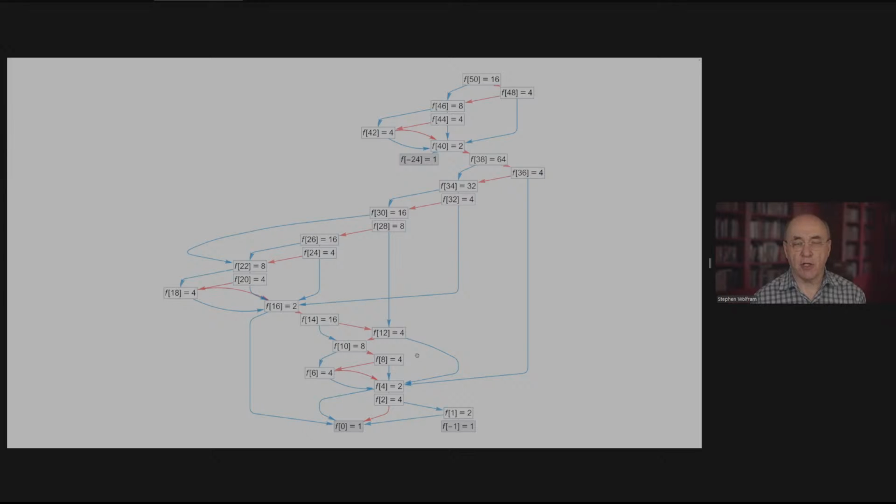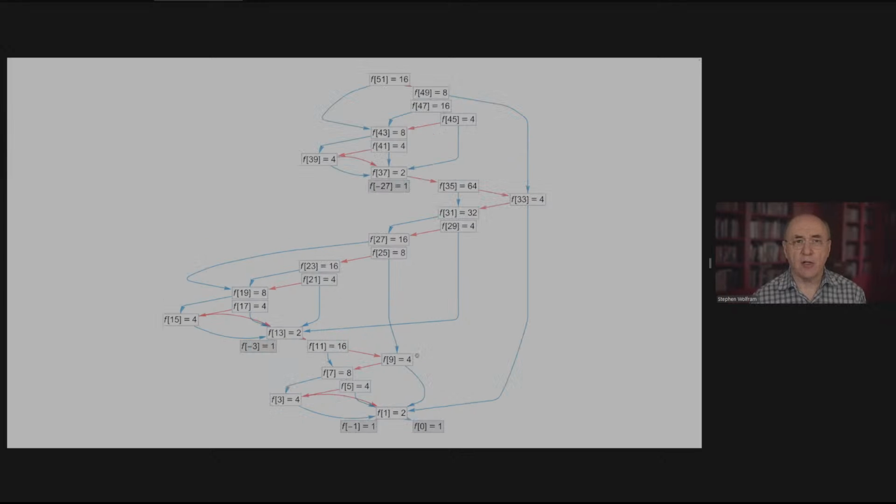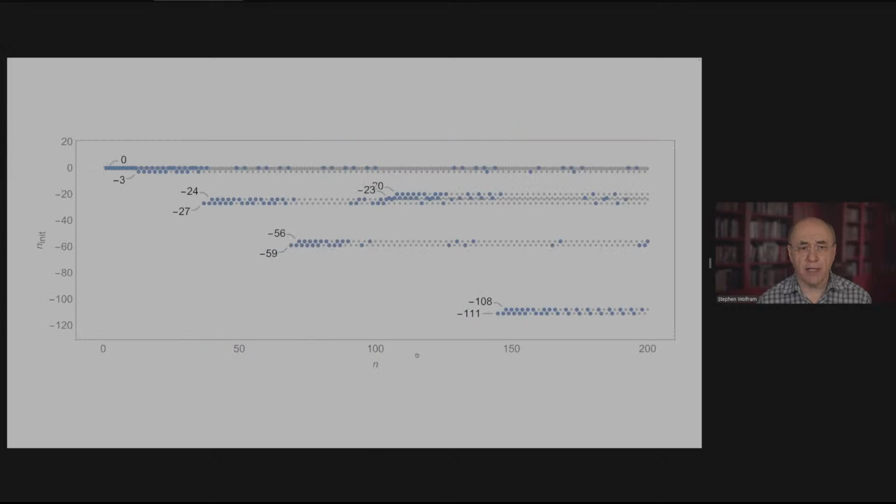Meanwhile, the evaluation graph for f of 51 looks back not only to f of 0 and f of minus 1, but also to f of minus 3 and f of minus 27. How far back does it look in general? Here's a plot showing which lookbacks are made as a function of n, with the roots of the blue graph trees being highlighted.